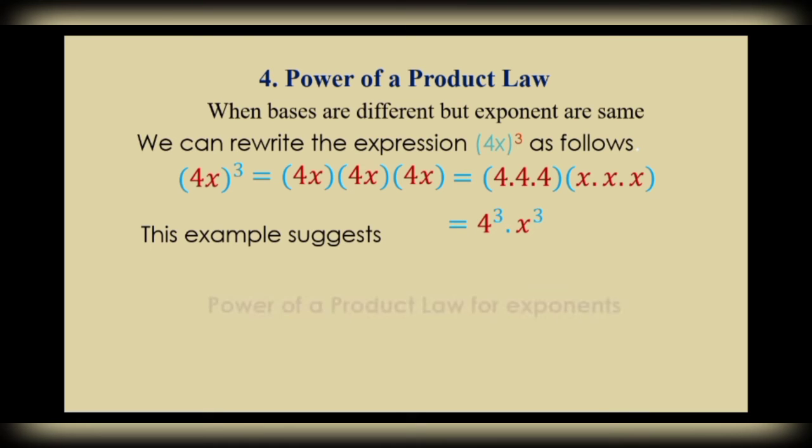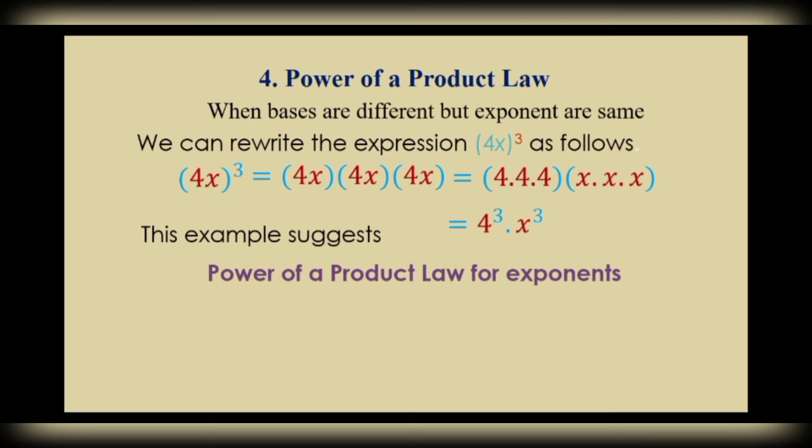This example suggests the power of a product law for exponents. For any positive integer m, ab whole to the power of m is equal to a to the power of m into b to the power of m. Simply, we separate the power in the product.